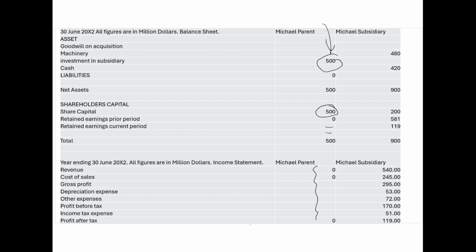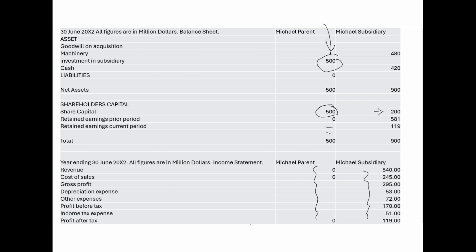Michael's subsidiary is actively operating. We can see that in the income statement, it has made profit. Profit after tax is 119 million, and the share capital is intact. It was 200 million at the time of acquisition, and it is still 200 million. But the retained earnings have increased.